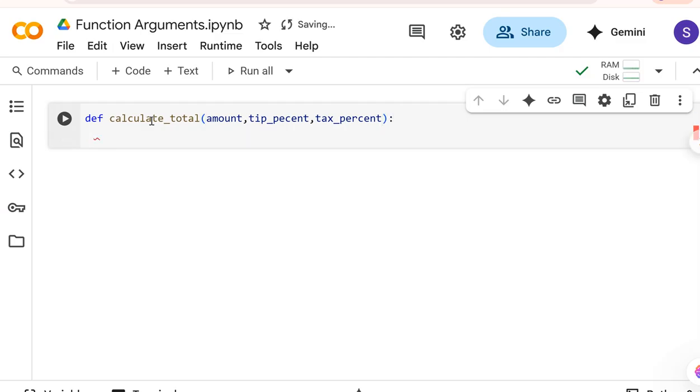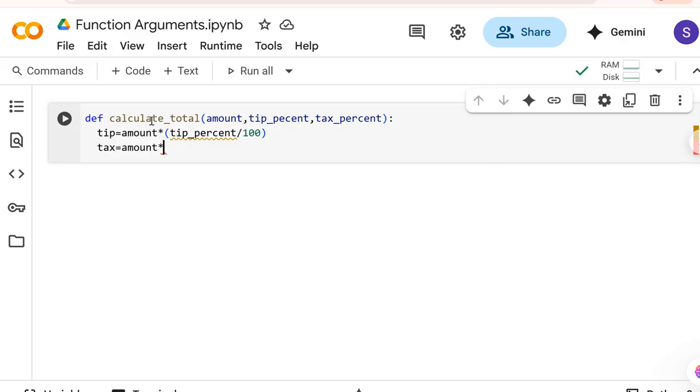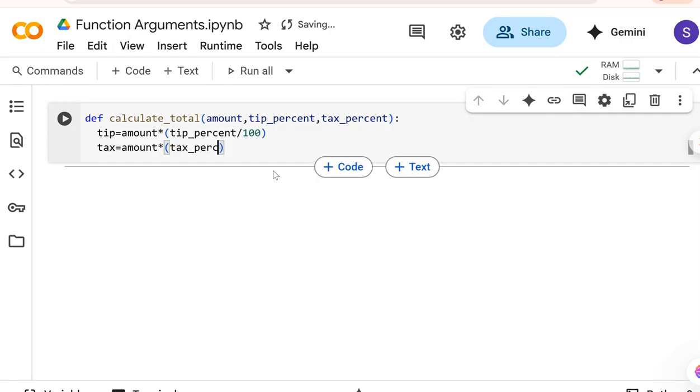So I'm defining the function. Tip is equal to amount into tip percent divided by 100, and then tax is equal to amount star tax percent divided by 100.